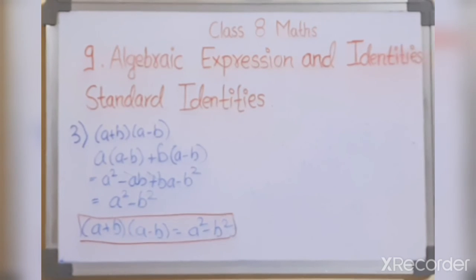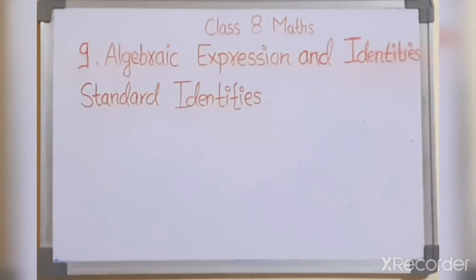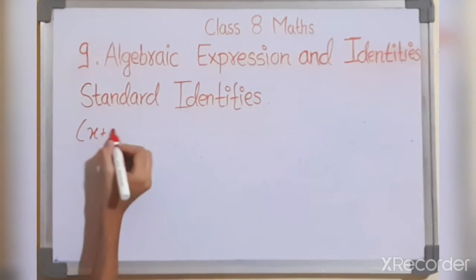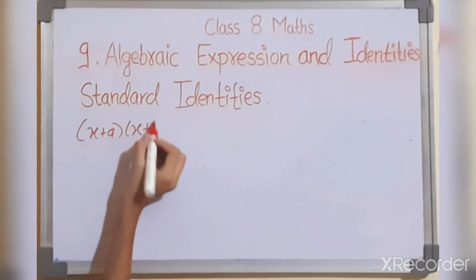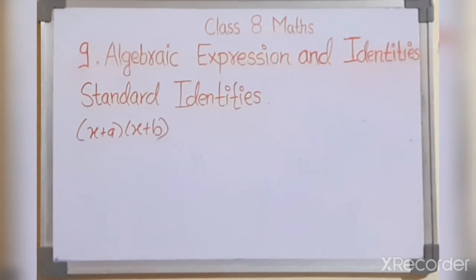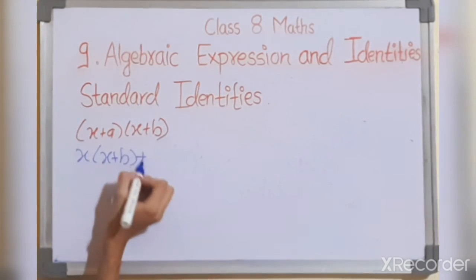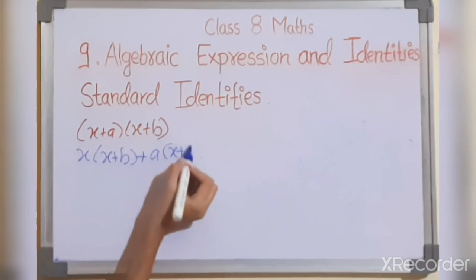Let's see that. Now the one which we are going to see now is the useful one. That is (x + a)(x + b), which is equal to x into (x + b) plus a into (x + b).